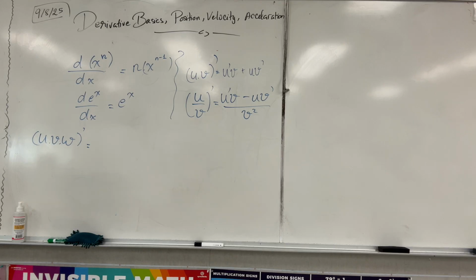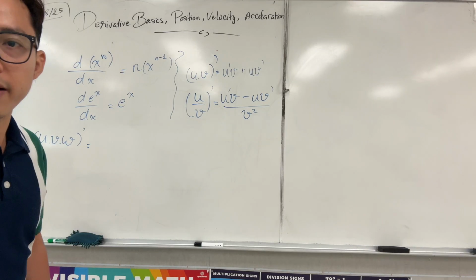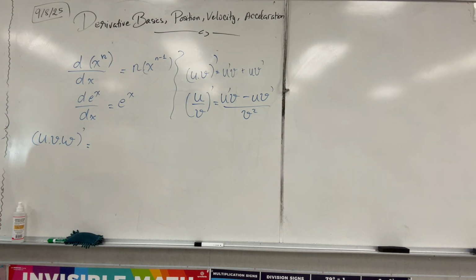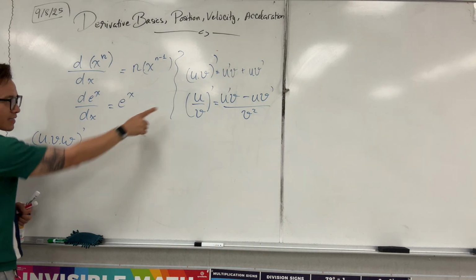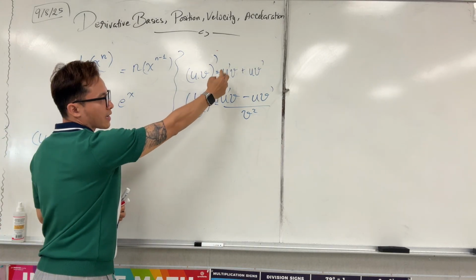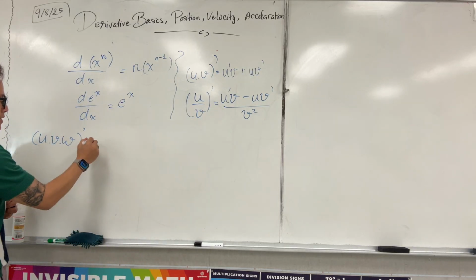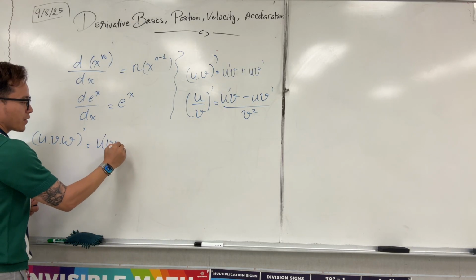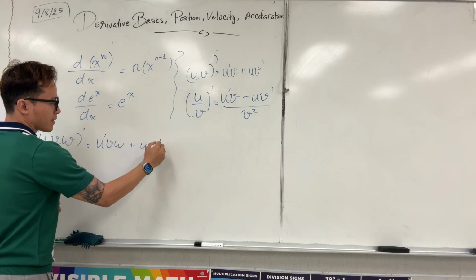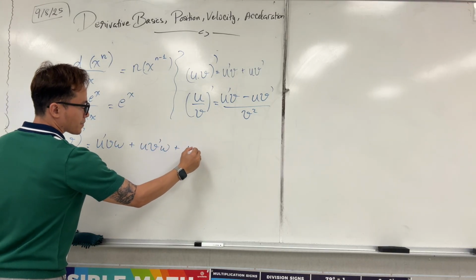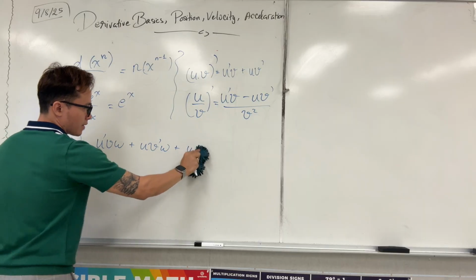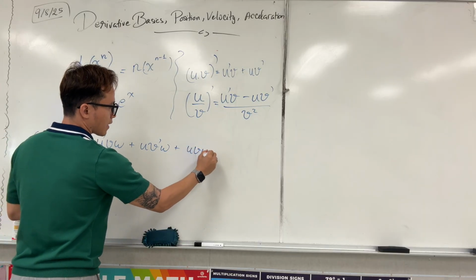How about take 1 minute to think about this? Basic thinking. If you have two, you just take the derivative of each, right? You have three, same thing. You take the derivative of each.